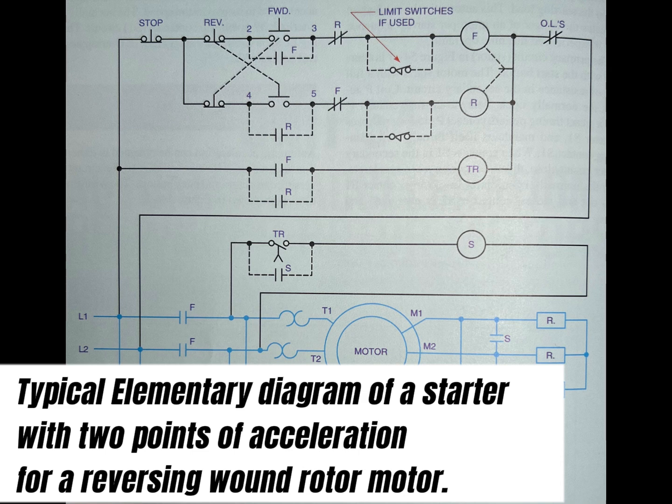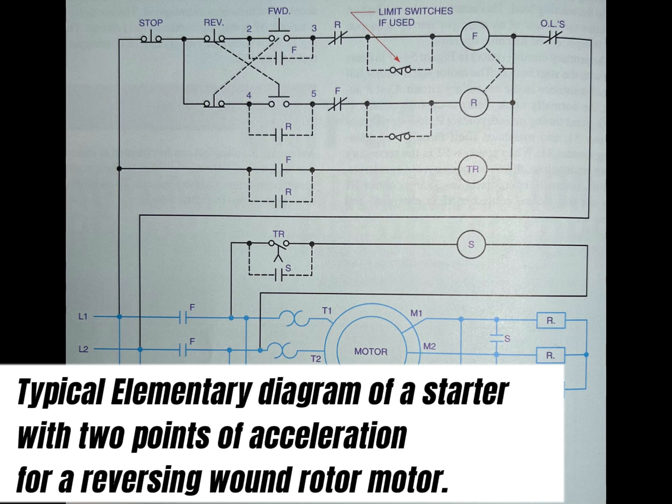The timing relay TR is energized by the normally open auxiliary contacts F or R. Coil TR activates the normally open delay-in-closing contact TR.